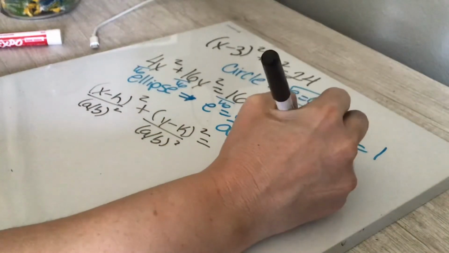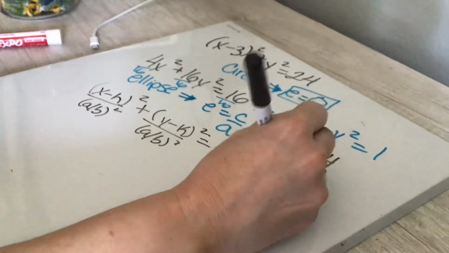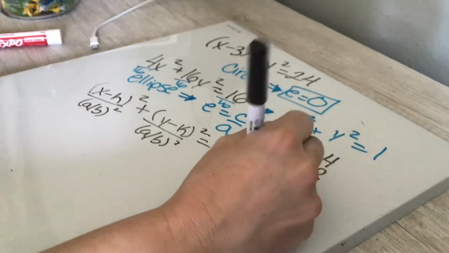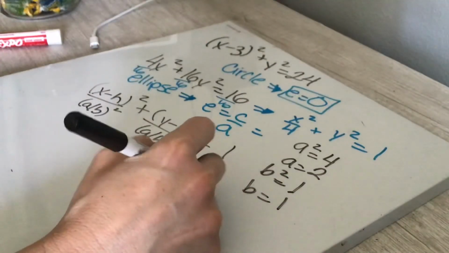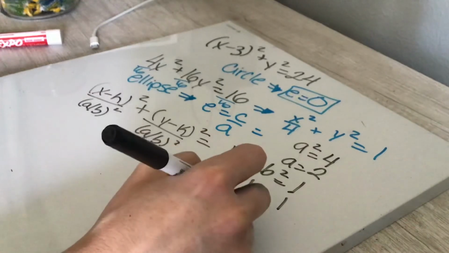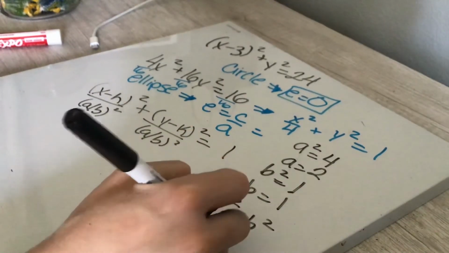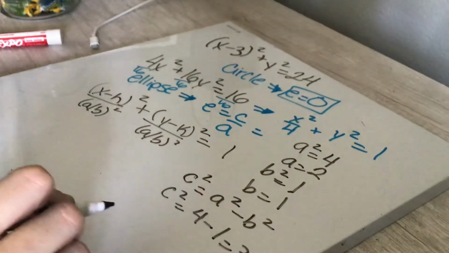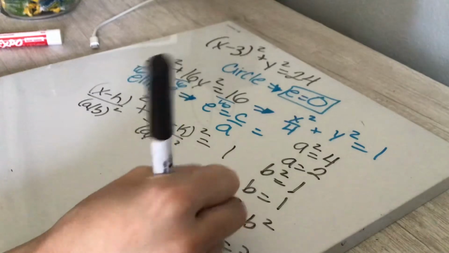So A squared is 4, so A is 2. B squared is 1, so B is 1. Okay? Then C squared is A squared minus B squared, which is 3. So C is the square root of 3.